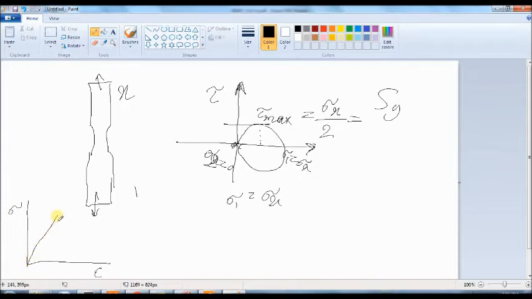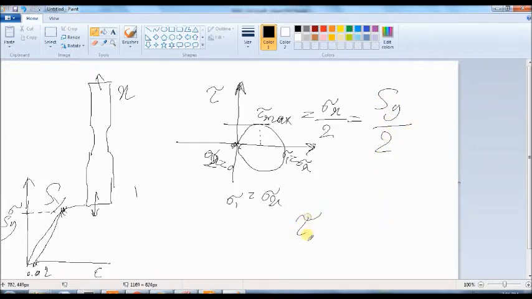The yielding point is somewhere here; as you know, we should draw a line parallel to the elastic region at 0.02, right? Somewhere here is the yielding point equals Sy. So maximum shear stress at the yielding point is Sy divided by 2.